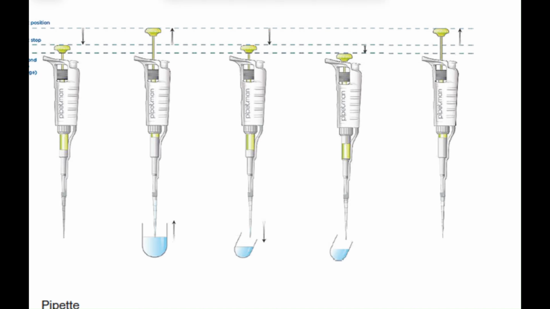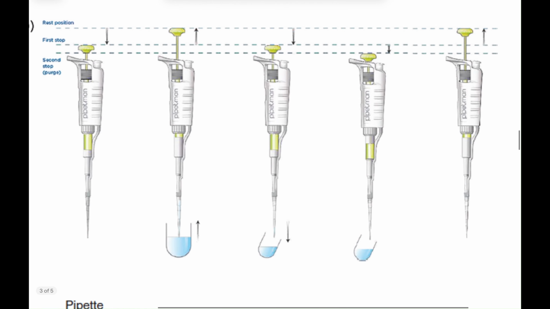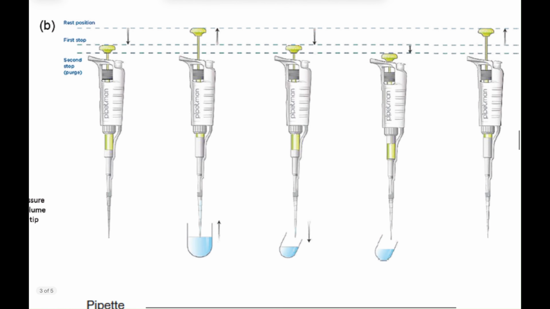So let me write down some of these things. So we'll say here, when you go to pipette, the first stop is where you aspirate. That's where you bring up the liquid.